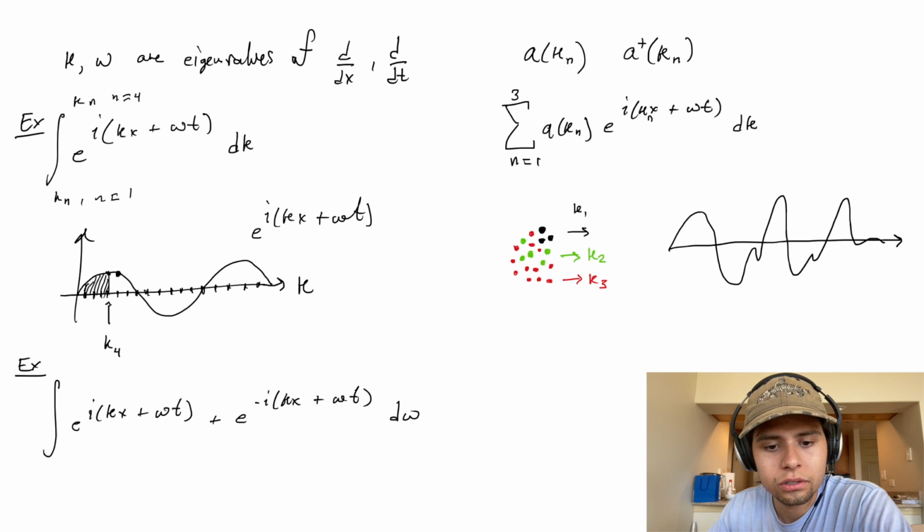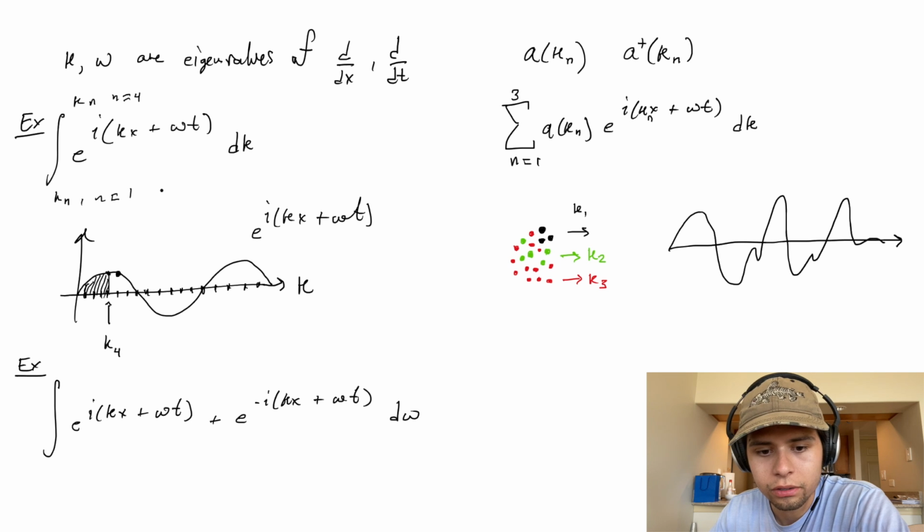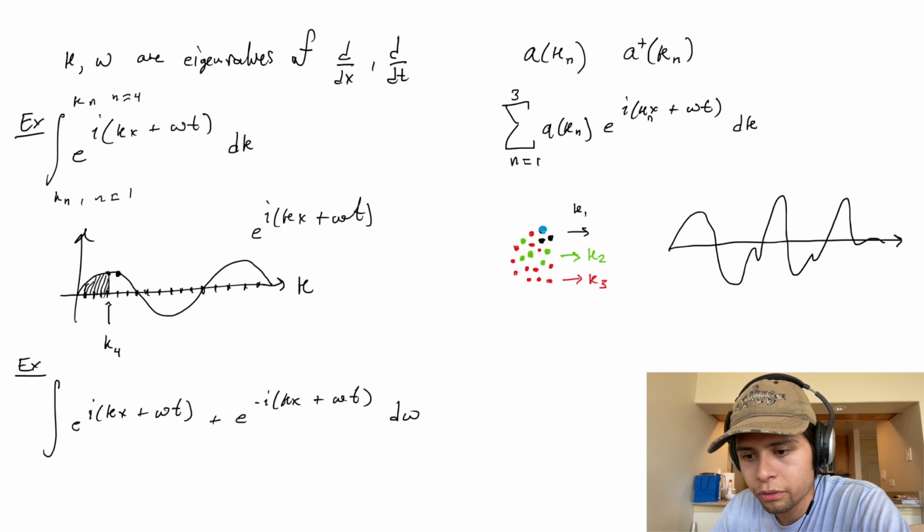And this is what Fourier transforms do. So say these guys are blue, and they're going at a value of k1. So say this is what that wave looks like.